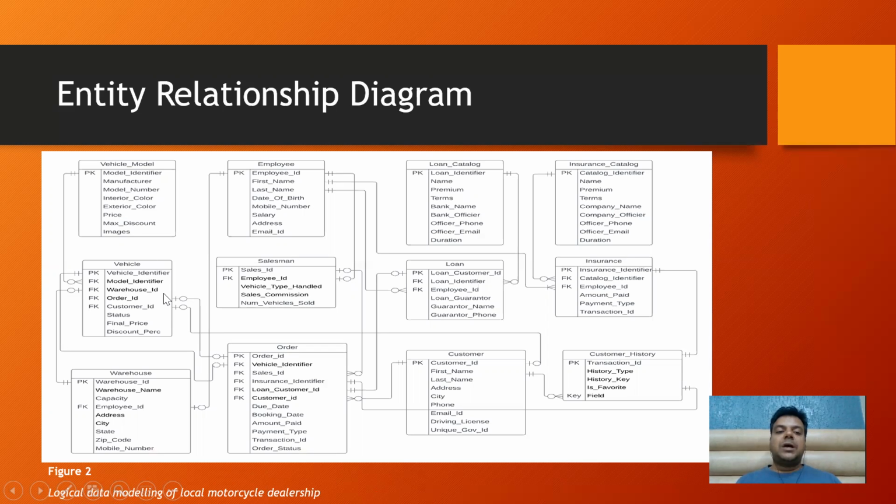Then we have the warehouse ID from the warehouse table, and order ID from the order table, where the order ID will be populated only when the order has been sold, so it can be null, and similarly customer ID. So these are all foreign keys and primary keys, that is, the constraints that have been identified in the logical model design. And then you can see there is a one-to-one mapping and one-to-many relationship between a variety of tables.